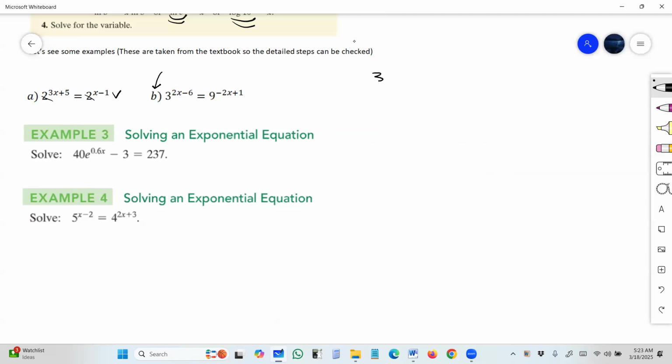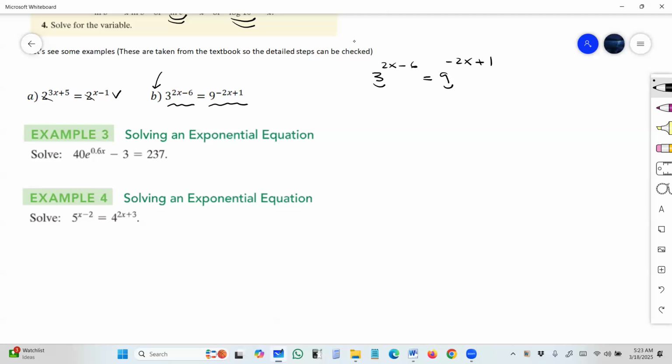In the event the bases are not the same, but they can be made the same. Okay, so again, we make sure that each exponential expression is isolated on its side, otherwise we cannot begin.